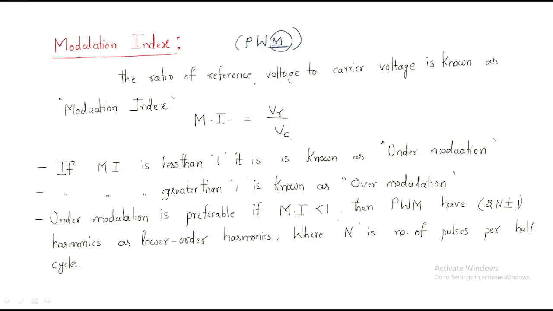The ratio of the reference voltage to the carrier voltage is known as the modulation index. Understand? The reference voltage is the input voltage. The carrier voltage is simply the supporting voltage. Input voltage to supporting voltage is known as the modulation index.